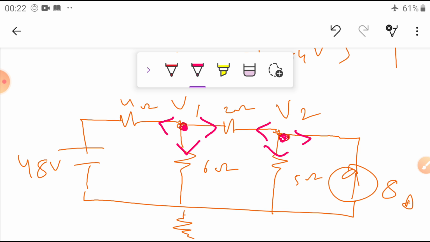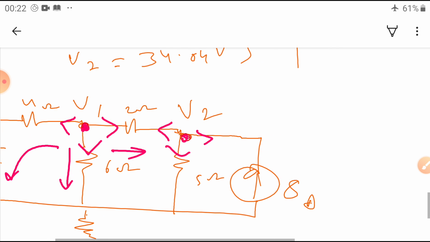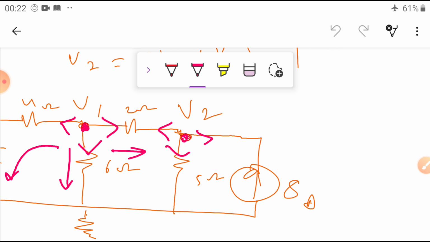So at V1, the current flowing through the 4 ohms is coming in this direction, and the other currents are flowing in these directions. Based on this, write the equations. First equation: V1 minus 48 divided by the resistance, 4 ohms.